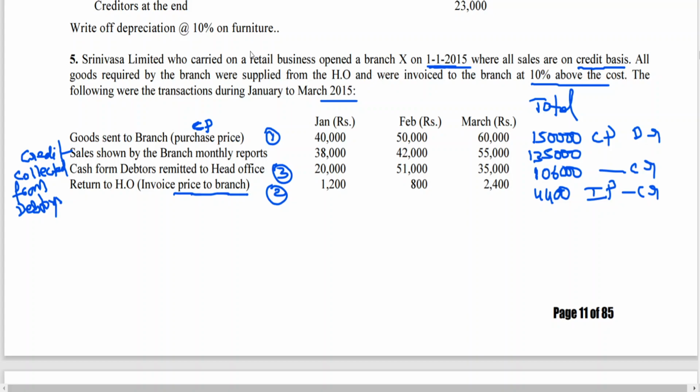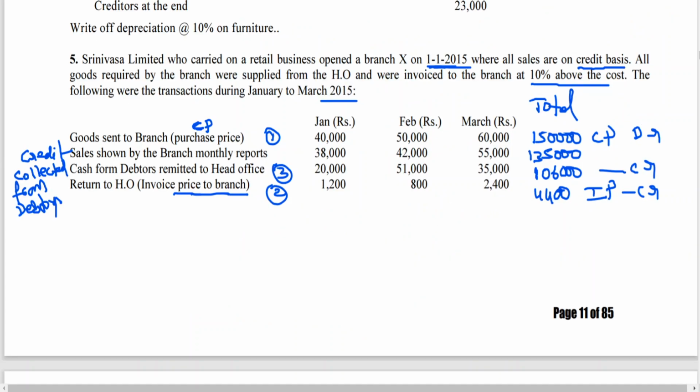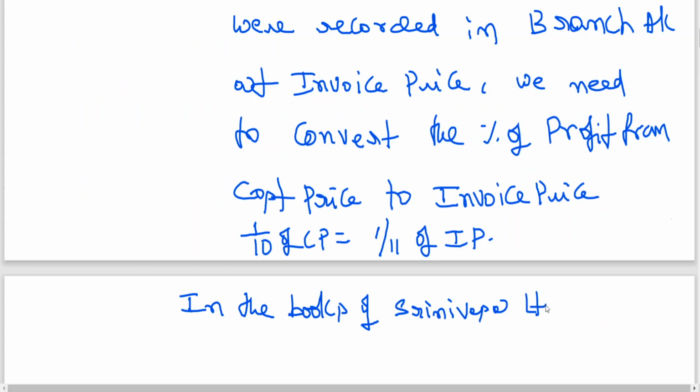A branch X, who carried on a retail business, opened a branch X. In the books of Srinivasa Limited, X branch account.